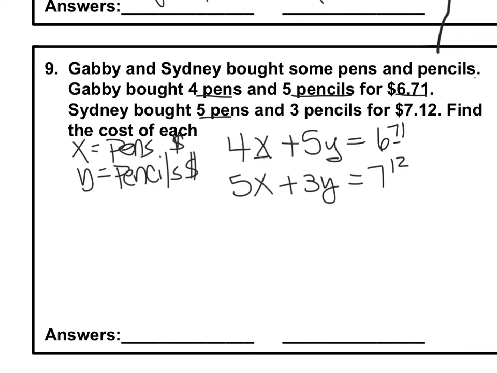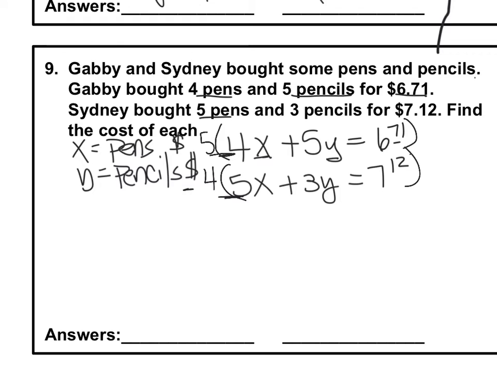But what I can do is multiply this one by 5 and this one by 4, and that'll give me 20x, right? And then I can subtract them.